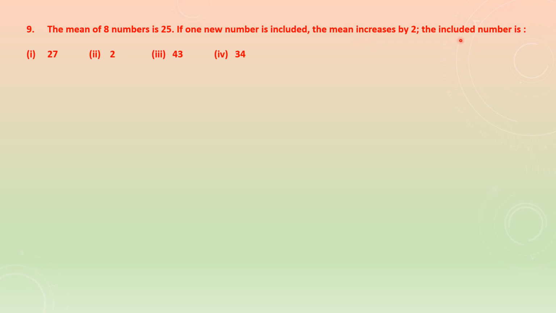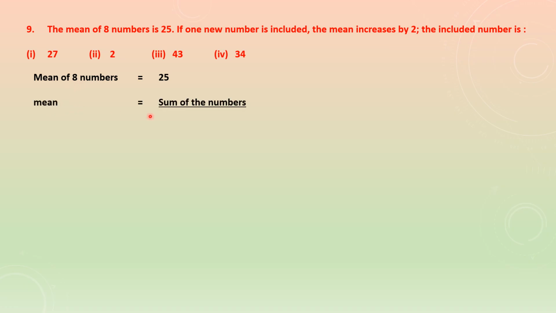To find the included number, we should know the sum of the given numbers and the sum of the new numbers. Once we find the sums, we can subtract the two, and we will get the included number. So let's begin by saying the mean of 8 numbers is 25. With the help of the formula, we can find the sum of 8 numbers.